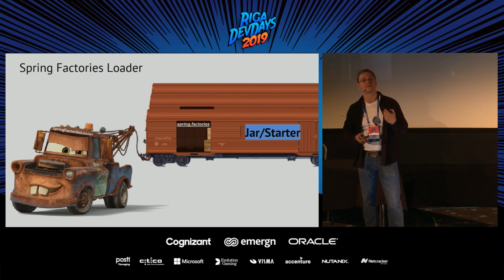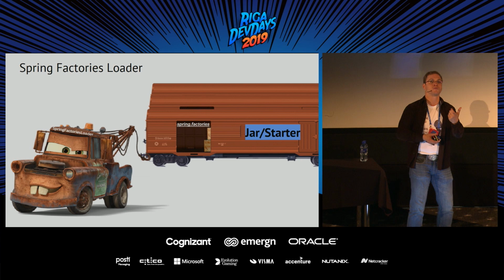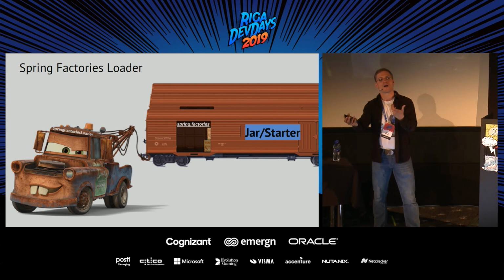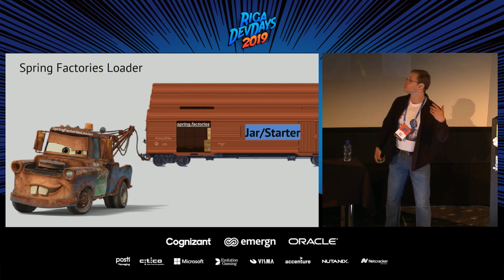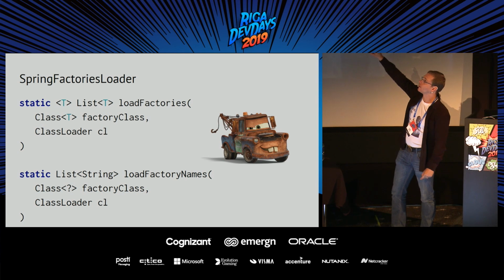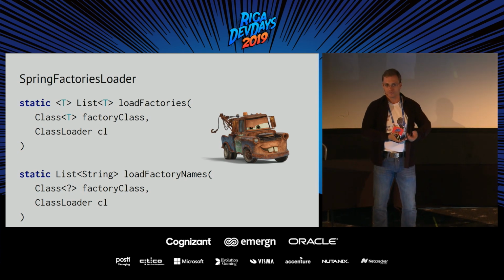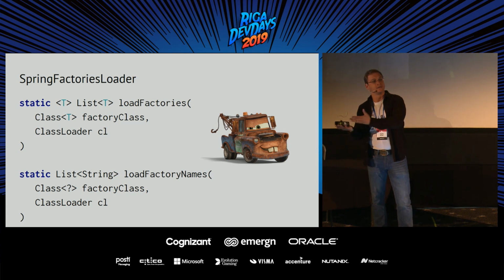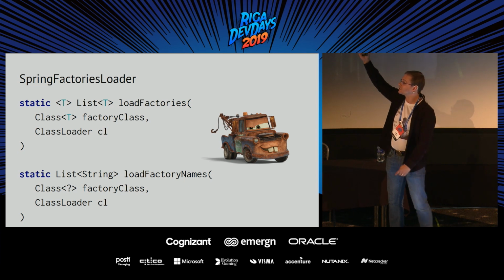But the idea that we will have some class which can easily receive from us what should be found in the Spring Factories and will bring all the values of this property was developed a lot of years ago. So this is how it looks. SpringFactoriesLoader, you can use it yourself if you want to have some custom properties which will be automatically scanned from your Spring Factories. You can use the same class which is already written. You see, it's very simple.